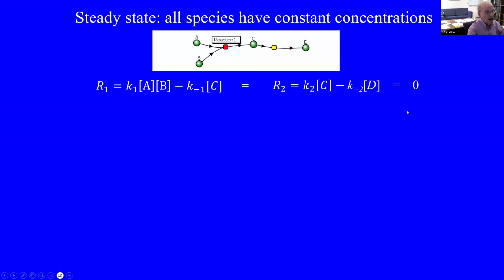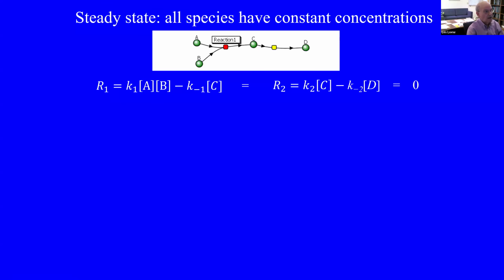But they don't change because the rates, which in this case for the second rate would be the concentration of C times the rate constant minus the concentration of D times the reverse rate constant, are all equal to 0. And that's called the steady state.